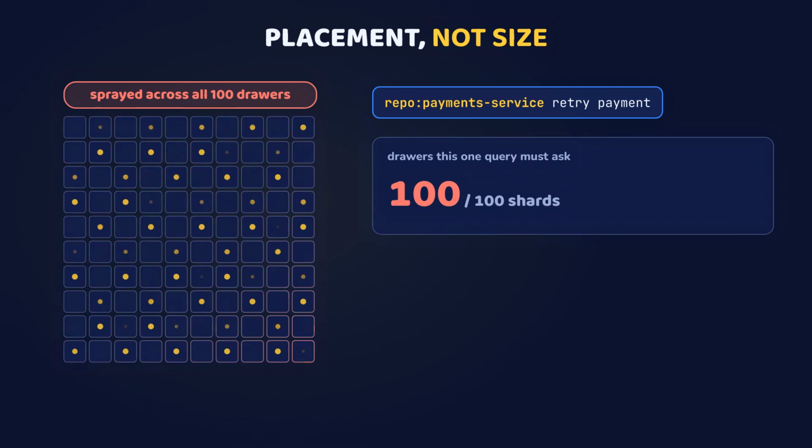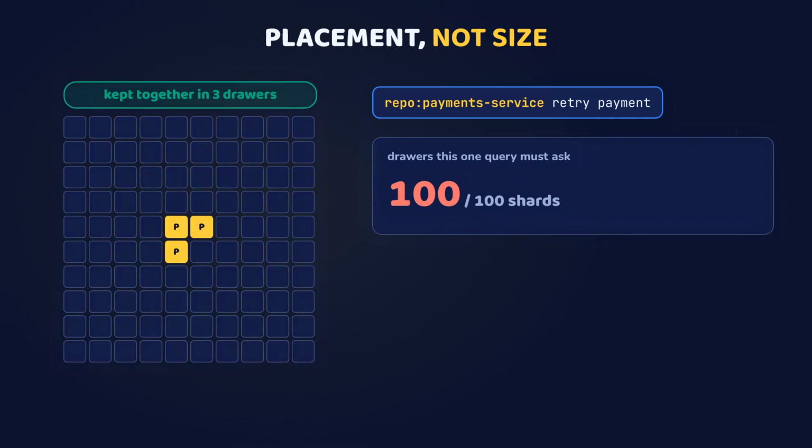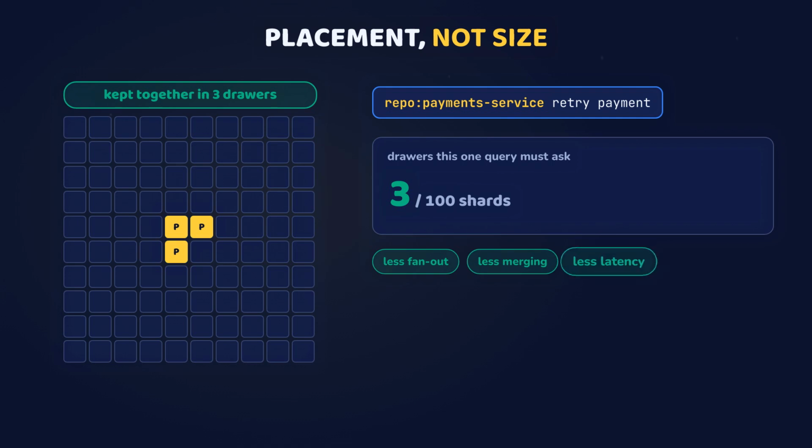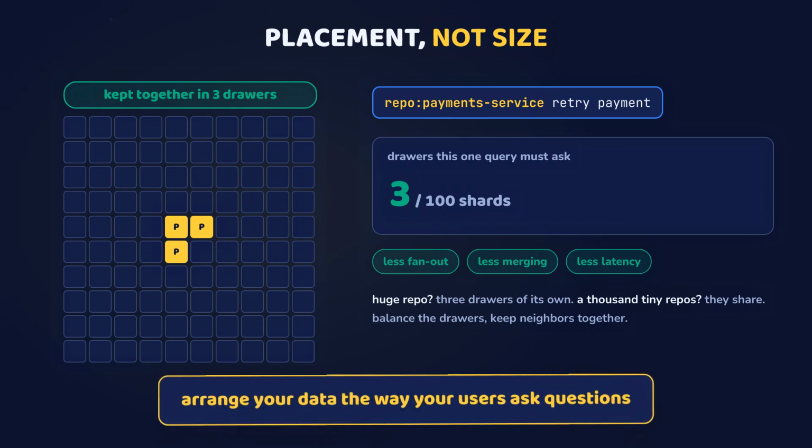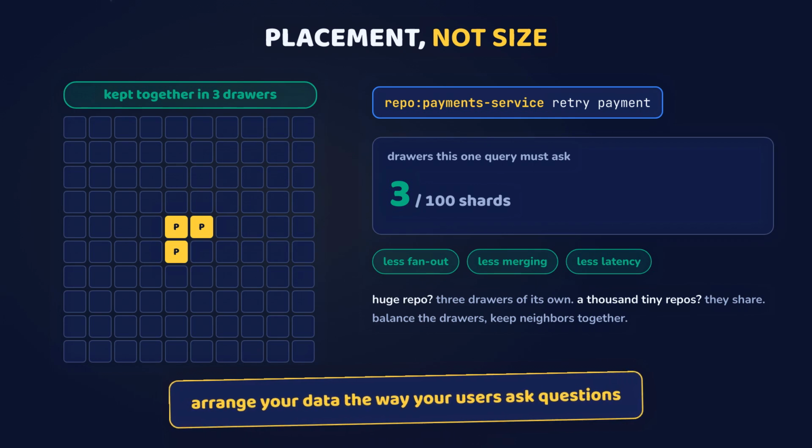Keep each repo's code physically together in 2 or 3 shards, and the exact same query touches 3 drawers instead of 100. Less fan-out, less merging, less latency. One huge repo might still need 3 drawers to itself, and 1,000 tiny repos can share. The principle is worth tattooing somewhere. Arrange your data the way your users ask questions.